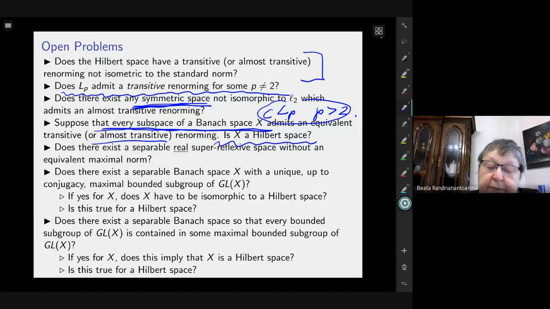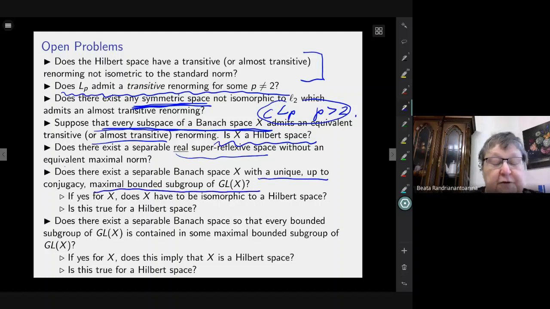Does there exist a separable real superreflexive Banach space which does not have an equivalent maximal norm? And then the question about uniqueness of maximal bounded subgroup. Little l_p has continuum many maximal subgroups.